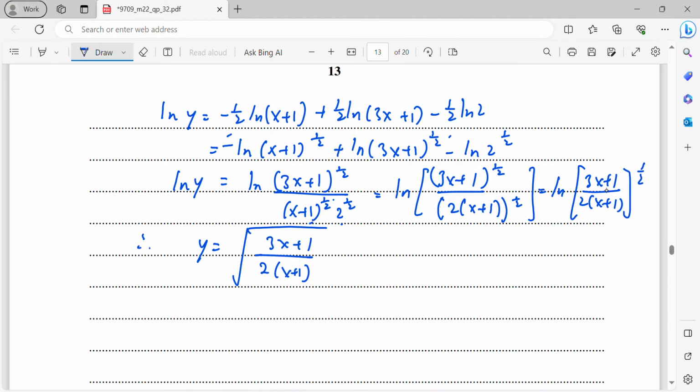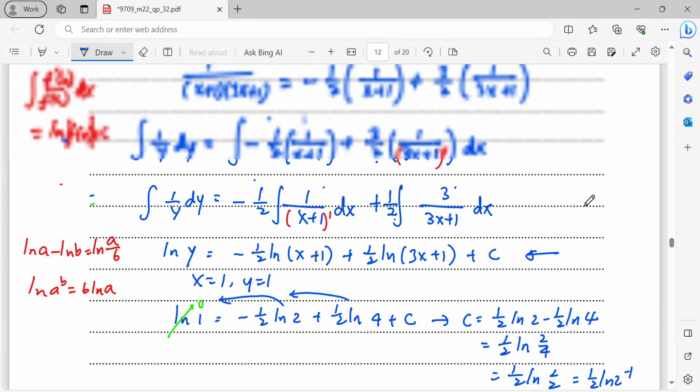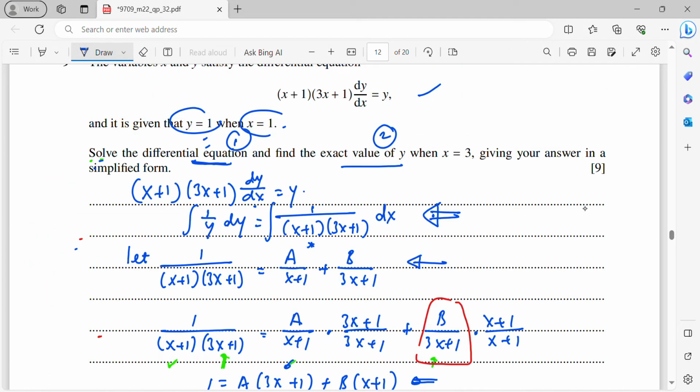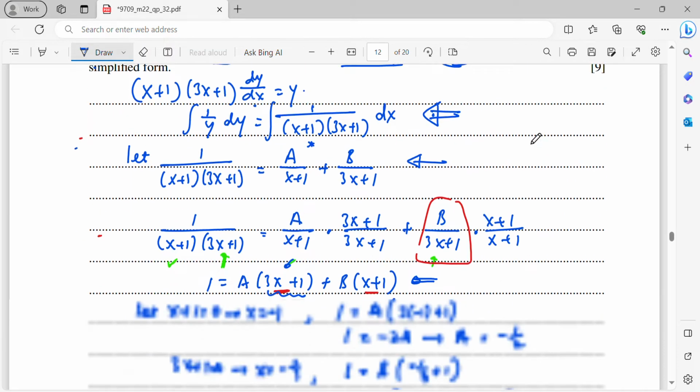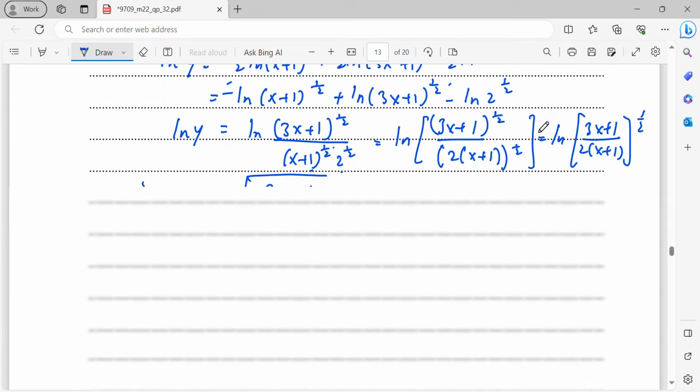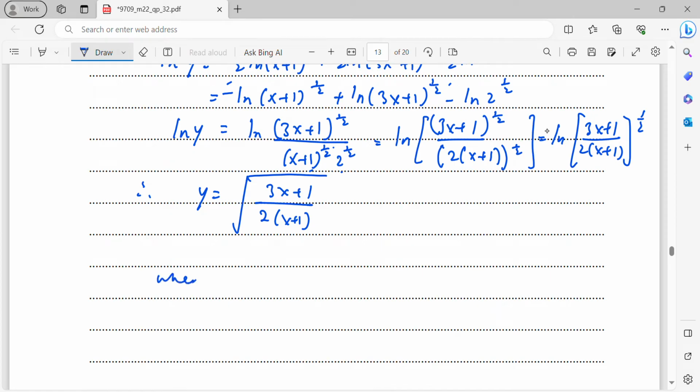So we have solved the differential equation, and now the second part is find the exact value of y when x equals 3. So when x equals 3, y is the square root of (3 times 3 plus 1) over (2 times 3 plus 1).